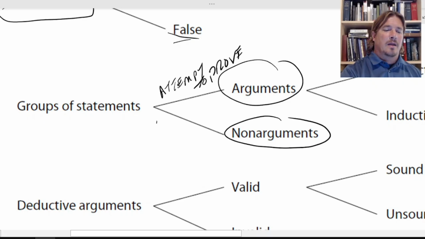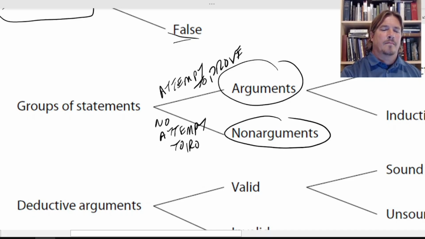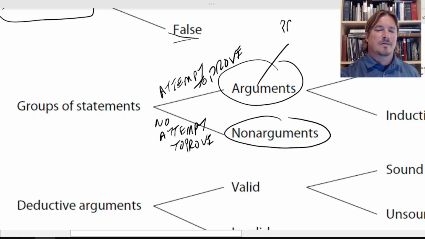A non-argument has no attempt to prove anything. Non-arguments don't try to prove anything. Remember, arguments consist of premises and conclusions.